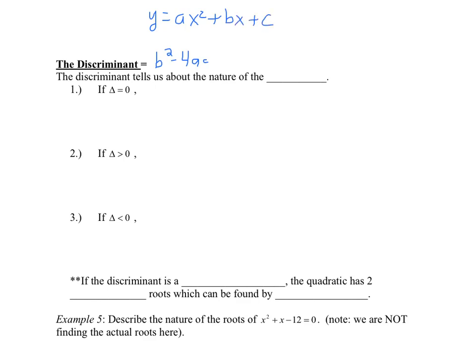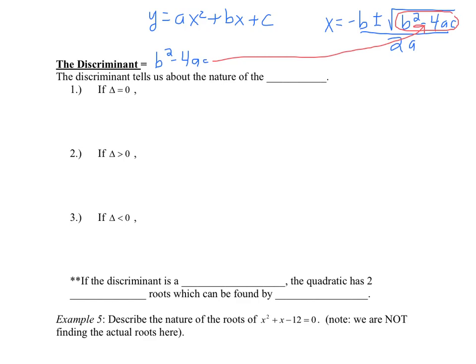And I also want to point out that in the quadratic formula, the discriminant shows up underneath our radical. So make sure it's clear to you that this is our discriminant. It's not the square root of b squared minus 4ac, it's just b squared minus 4ac.